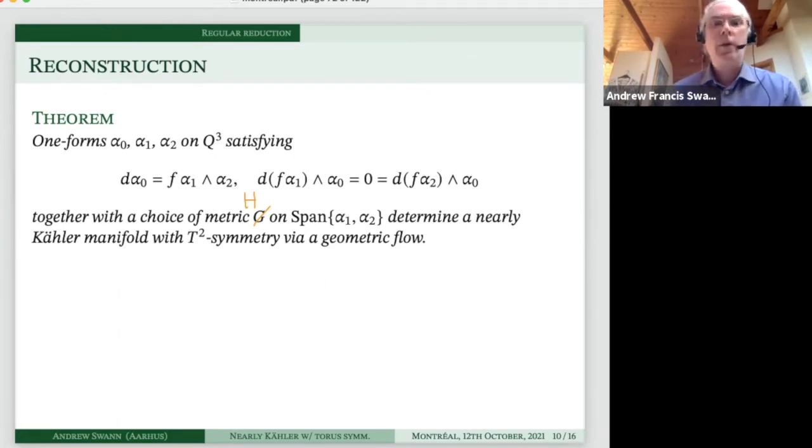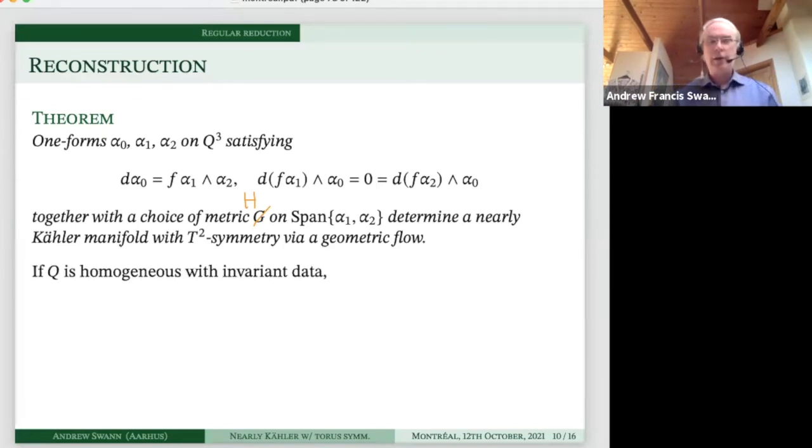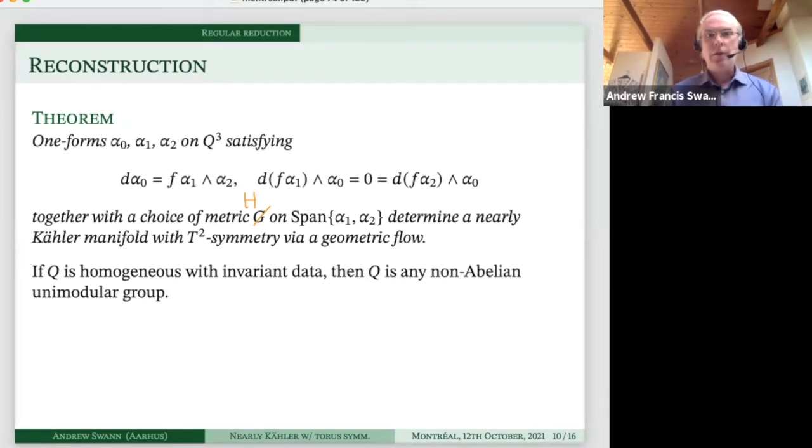So the actual expression for this flow is rather complicated, but let me write it down in a simple case, which is when the three manifold is actually homogeneous with invariant data. So the relations up here actually force, well, the polarization here actually forces Q to be a Lie group, and these relations up here would force Q to be a non-abelian unimodular group.